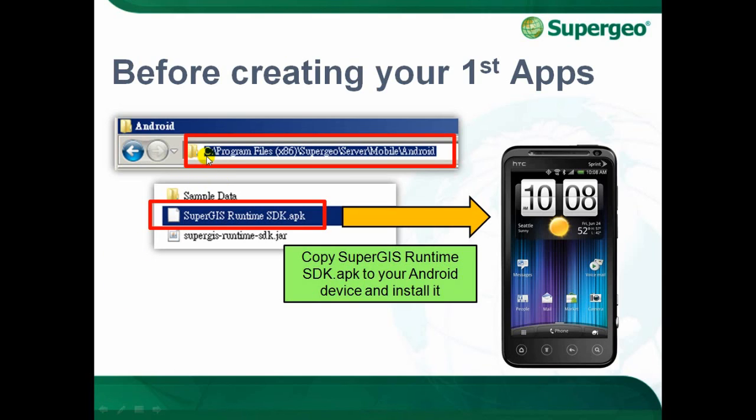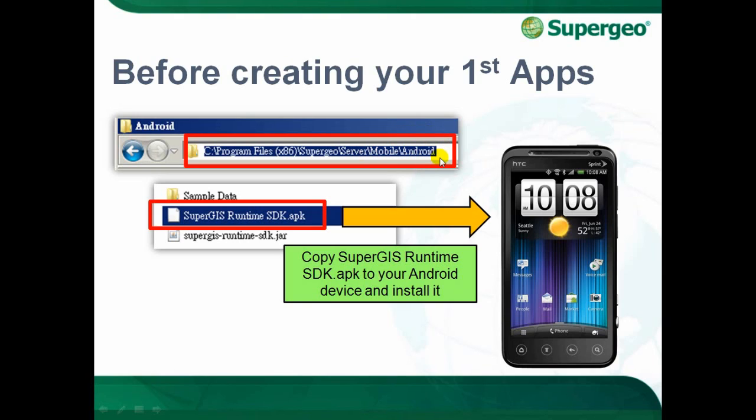After you install the SuperGIS Server, you will find an APK called SuperGIS Runtime SDK under the folder C:\Program Files (x86), and under the folder SuperGIS Server, and under the folder mobile, there's a folder called Android.